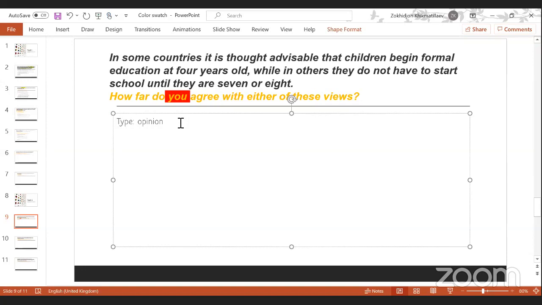Okay, now guys, do you agree that children should start their education at 4 years old or when they are older, like 7 or 8? At 7 or 8, better. Okay, you four are taking the second part, right? Yes, because you start at 7 or 8.